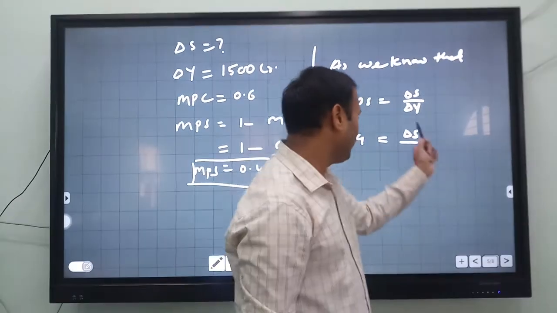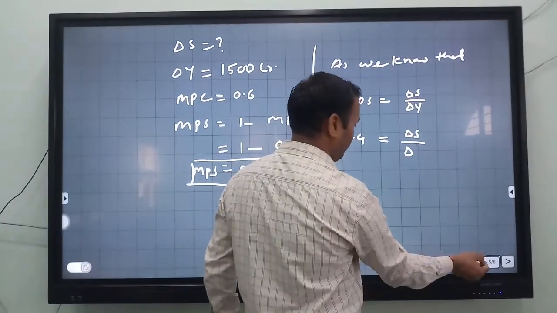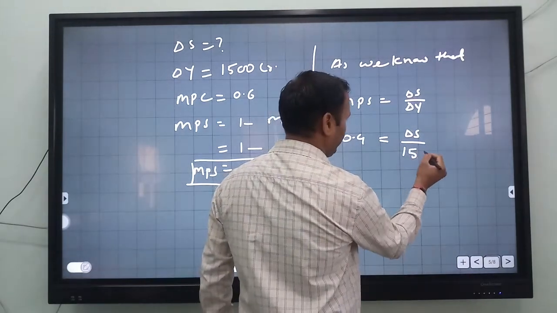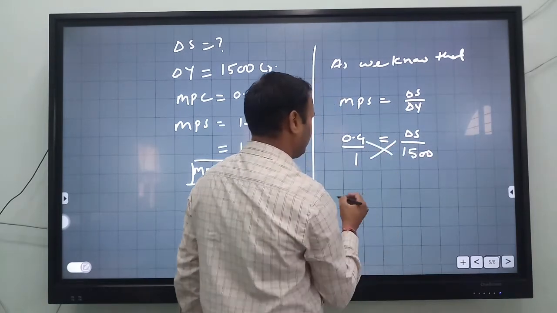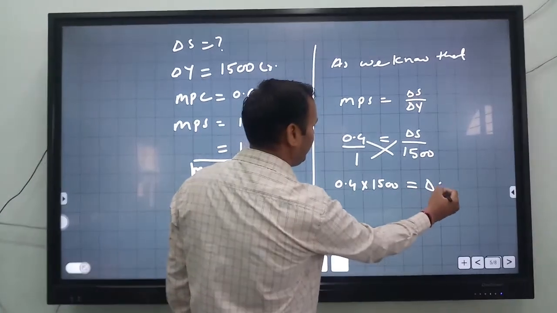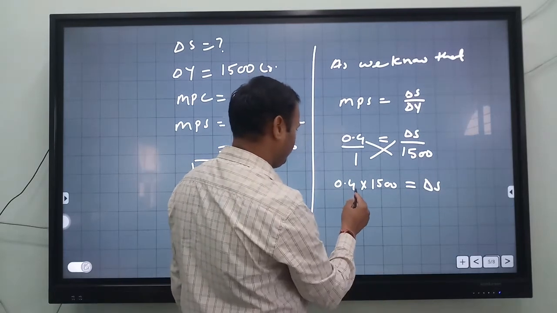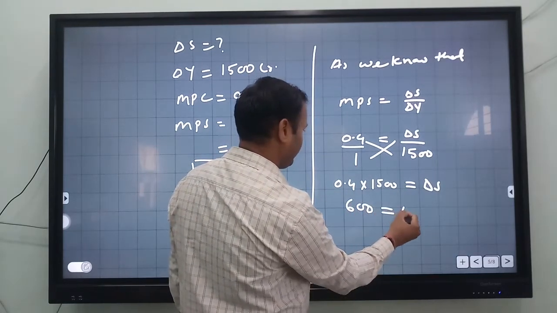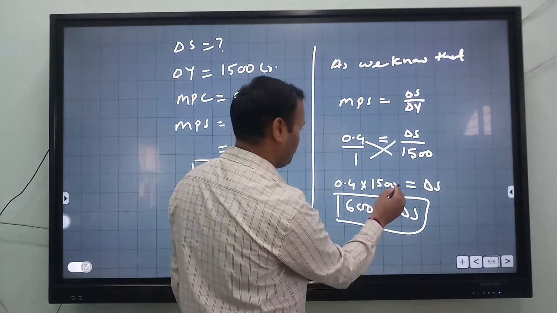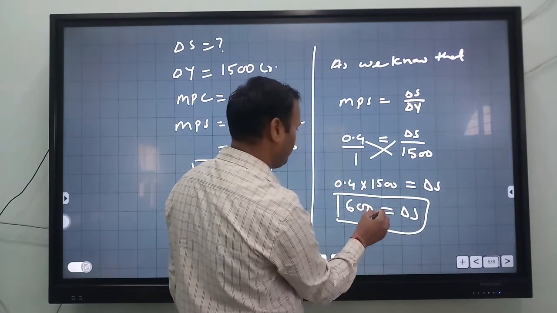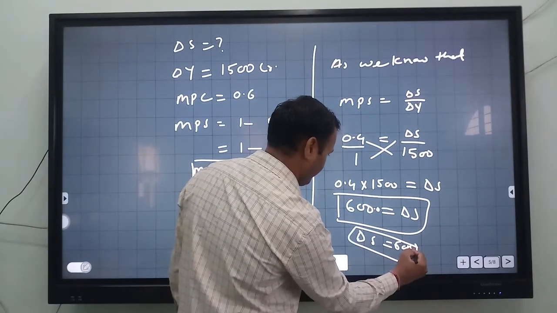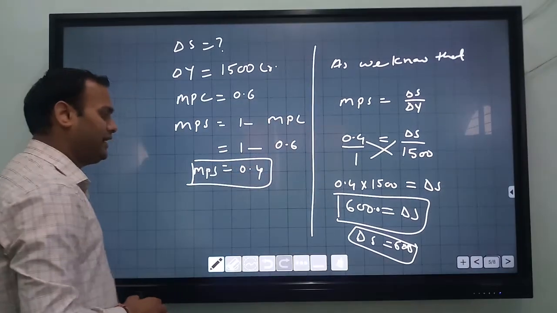So putting the value of delta Y in this formula, just do the cross multiply. 0.4 into 1500 is equal to delta S. So that is 600. 15 fours are 60, and with the decimal point we give one zero. So delta S is equal to 600. So this is the value of delta S, that is 600.